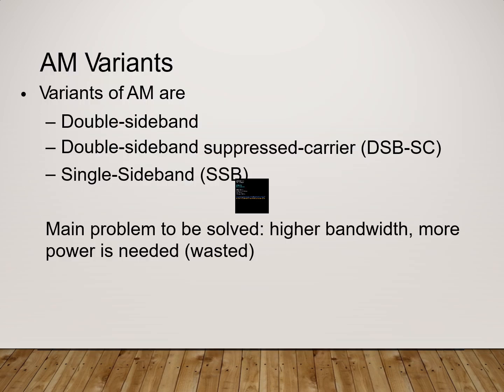Variants of AM modulation are double sideband suppressed carrier, or single sideband. The main problem in AM modulation is the higher bandwidth and wasted power, or more power is needed than other modulation.